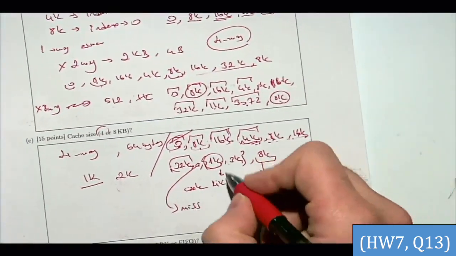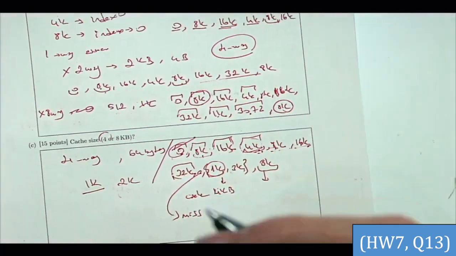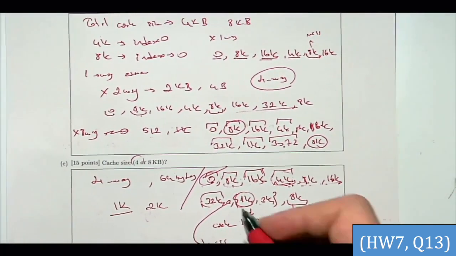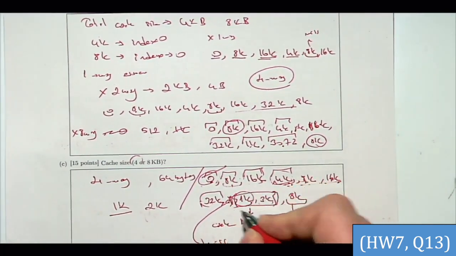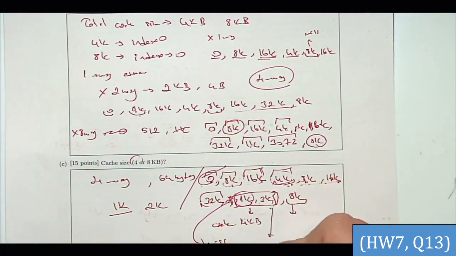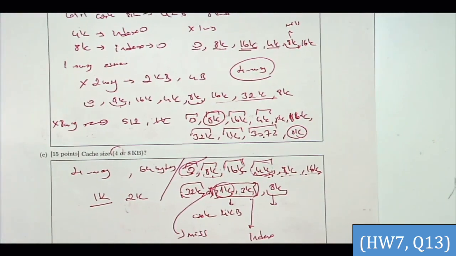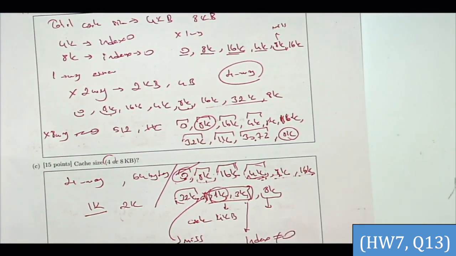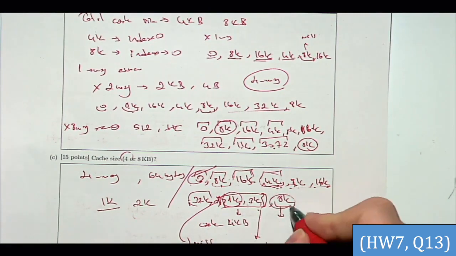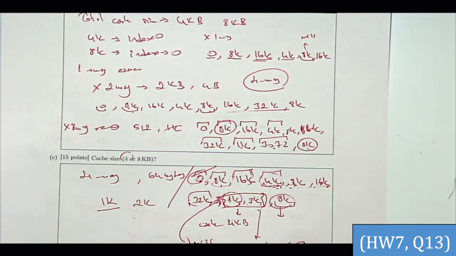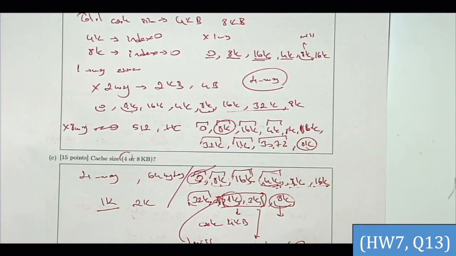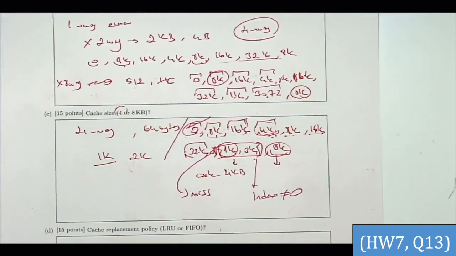And then this means that the cache size should be 8 kilobytes, so that those won't map to the index of 0 in the cache, okay? So that I will be able to access 8K. So this looks a bit tricky, to me at least.